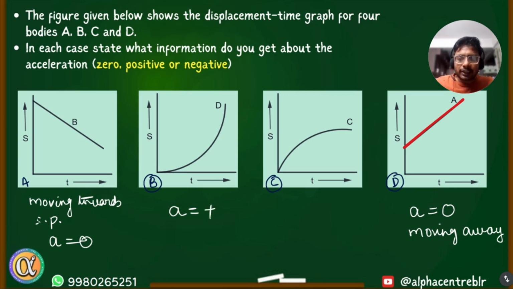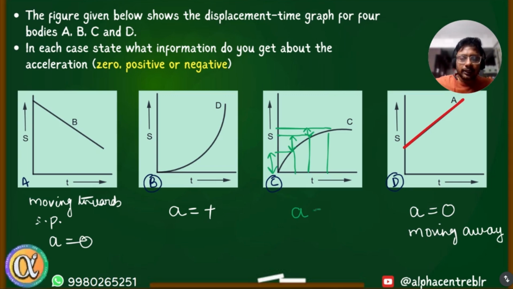While in this case, if you break it into equal intervals of time, in the first second it travels more distance, the second second a little less, and in the third second even less. So the object is slowing down, which means acceleration is negative. Am I clear?